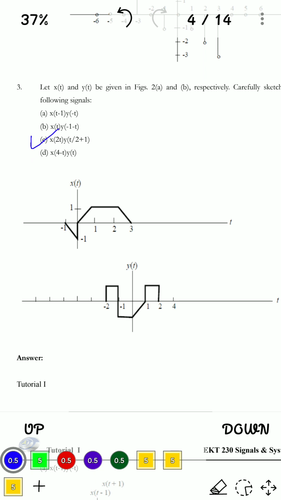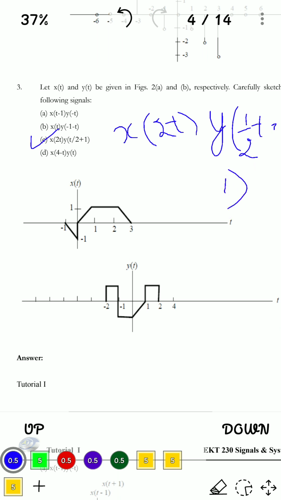So see, in the question paper it is given as x of 2t into y of 1 by 2t minus 1.